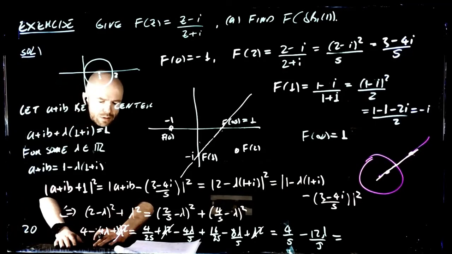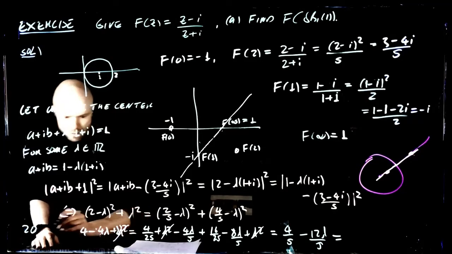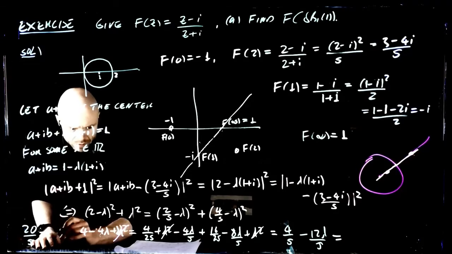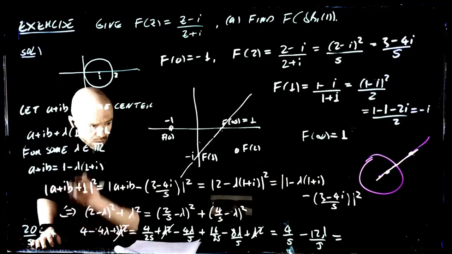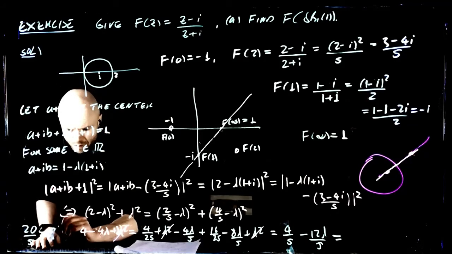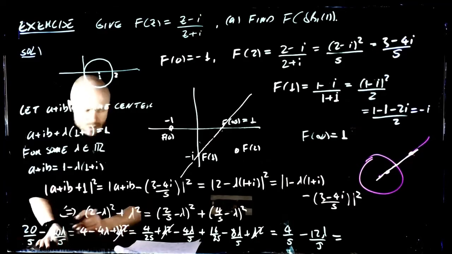Is this correct? Yes. 20/5 minus 4 lambda. Let's put this over 5. So 20 lambda over 5. So this is equal to this.